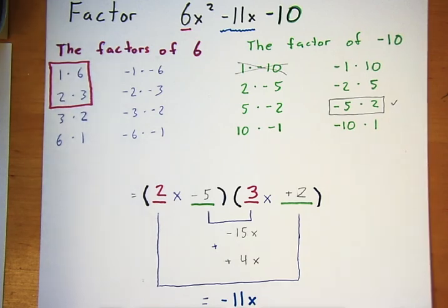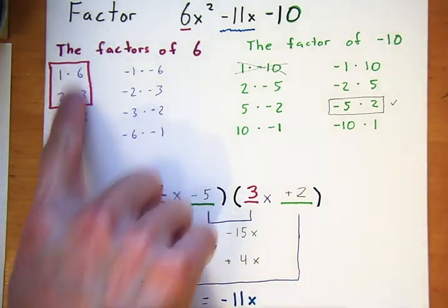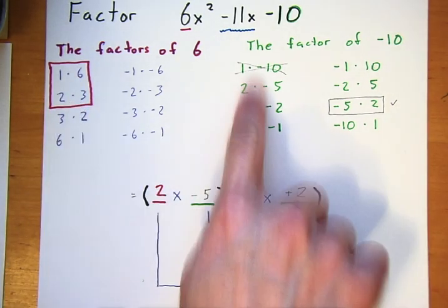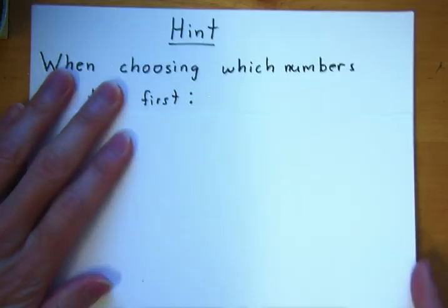So how would I make an educated guess on which one of these 2 to try first and which one of these 8 to try first? Let's talk about that. So here's my hint.